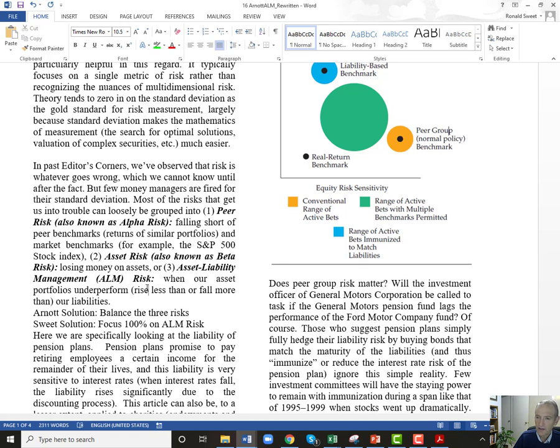They don't have to worry about, do we put this much in stocks? Do we go to international stocks? What do we do on equity real estate? No, they have assets that back their liabilities, and so that's the assets they buy. So what they do for number two, asset risk, is really not that big of a deal. So I actually disagree with Arnott here. I don't have that in this article, but I do have it in my blog, so you'll see that.